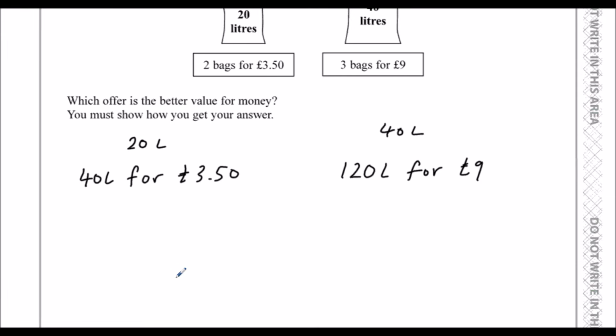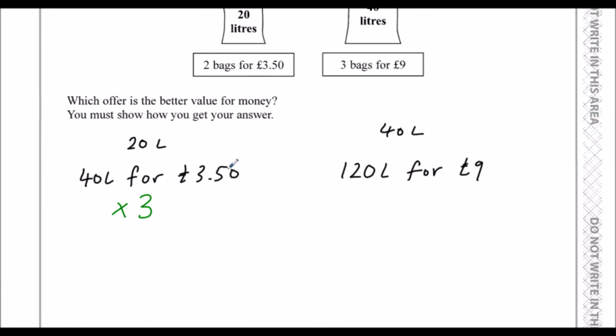So we've got to make them the same somehow. So we've got 40 litres and 120 litres. If I multiply this one by 3, I'll make it 120 litres. So then they'll be the same and we can compare them.